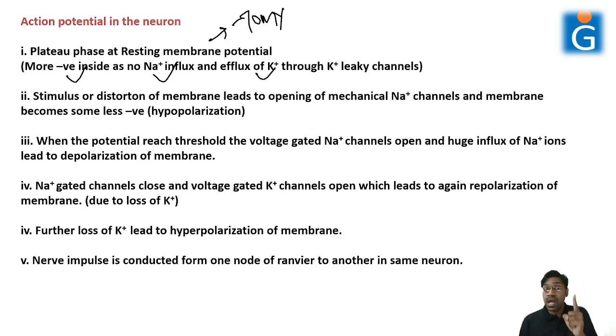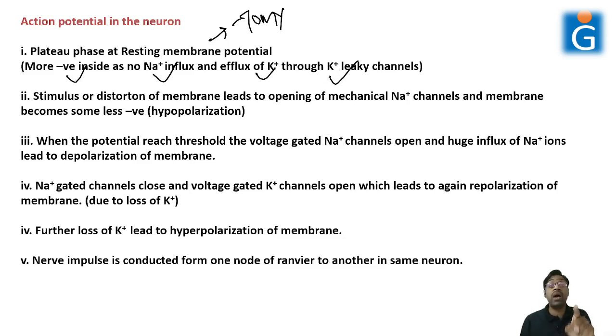Okay, note it. At resting membrane potential, why is it maintained at minus 70 millivolts? Why is it negatively polarized? Because when sodium channels are closed at this moment, the potassium channels are still open in a small quantity, which is going to cause constant leakage of potassium ions even at resting membrane potential through the potassium leaky channels. I am not speaking about voltage gated potassium channels.